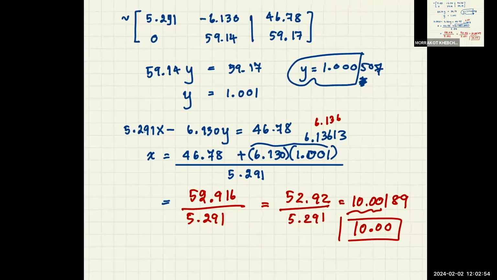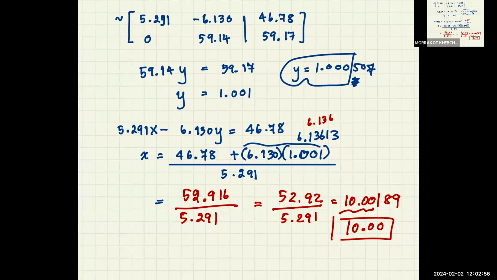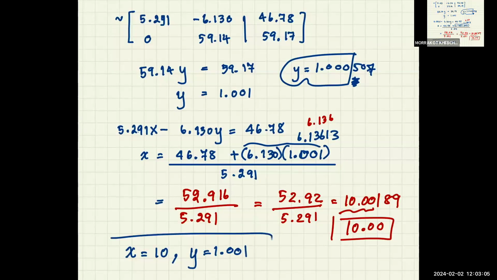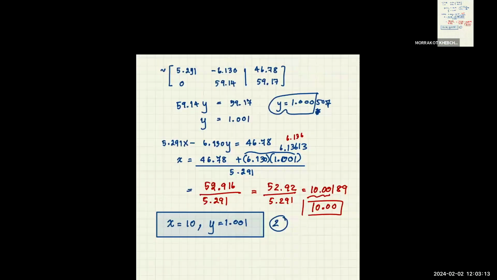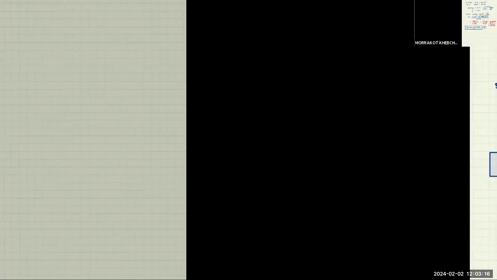Okay, so x is 10, y is 1.001. This is system 2. Okay, I can remember that for system 1.